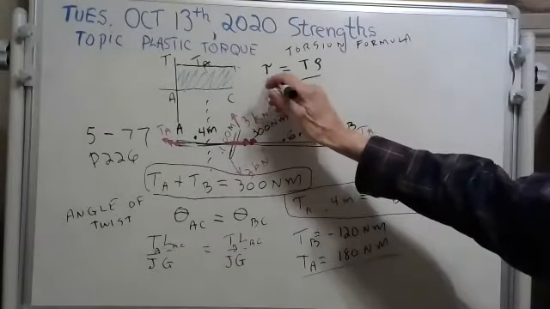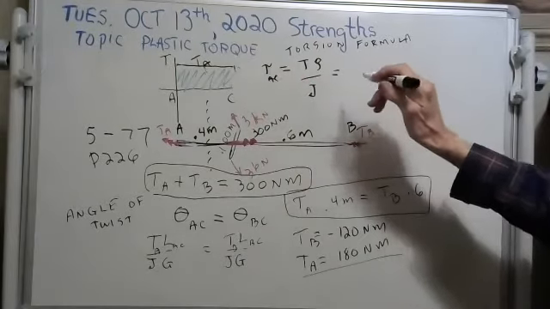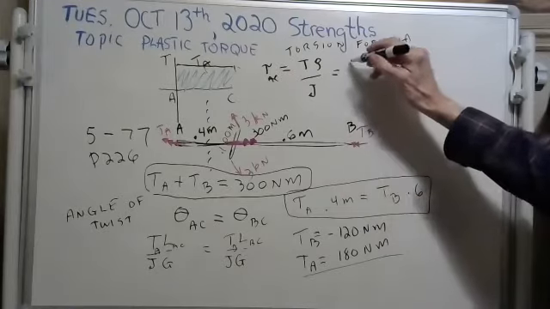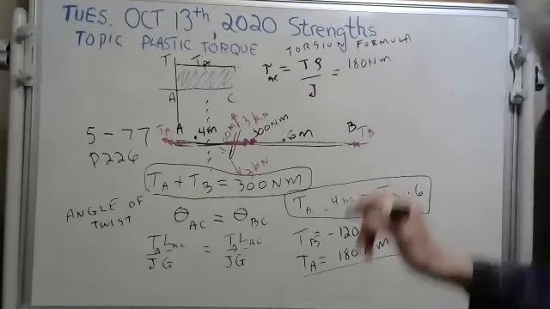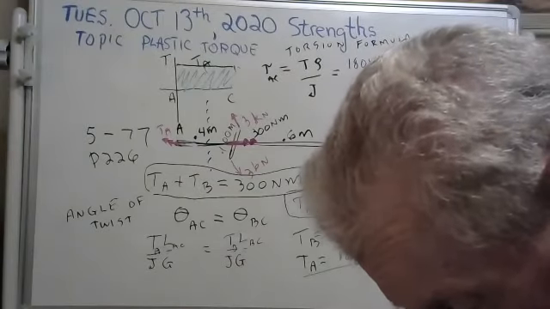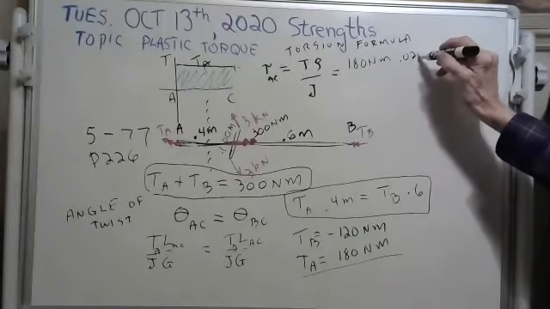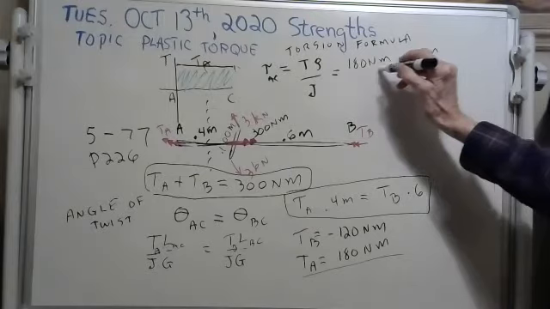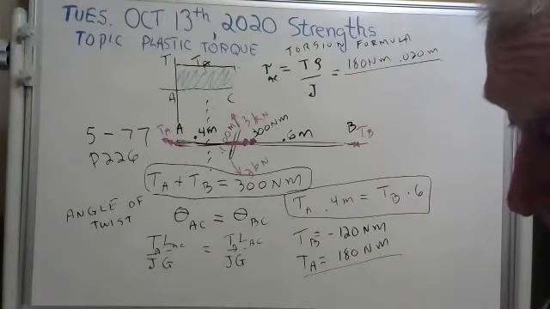But if you want the maximum stress in AC, that's going to be the 180 Newton meters. And we need the radius. It has a diameter of 40, so the radius is 20. And this is called the polar moment of inertia.